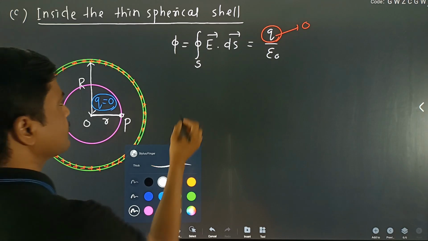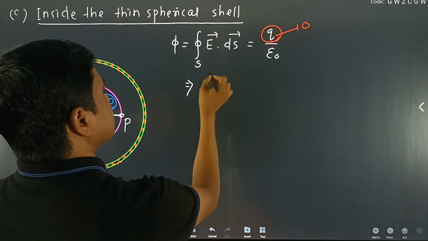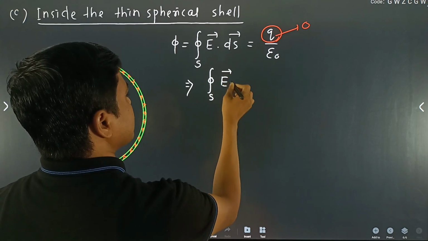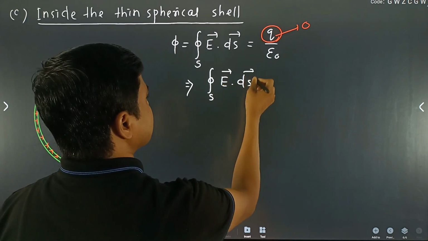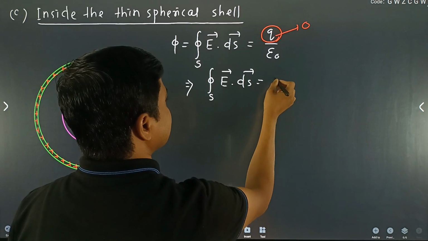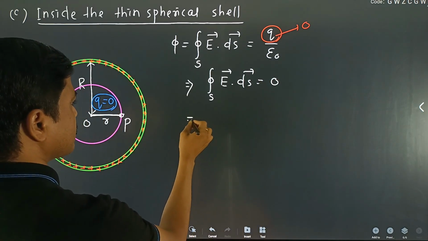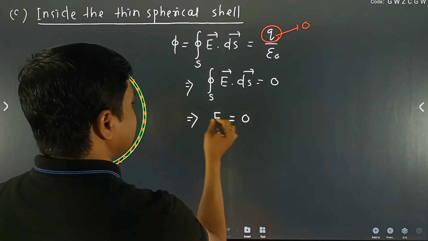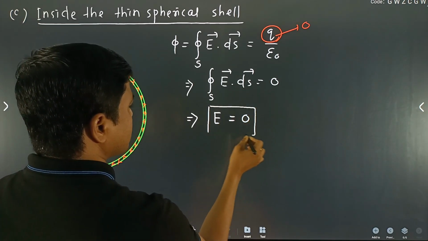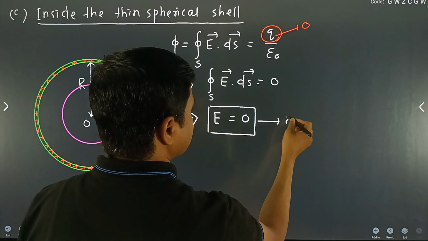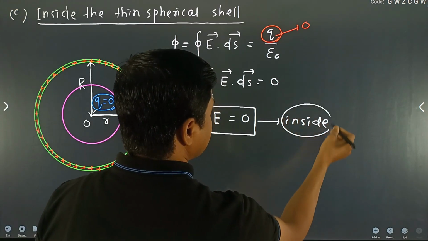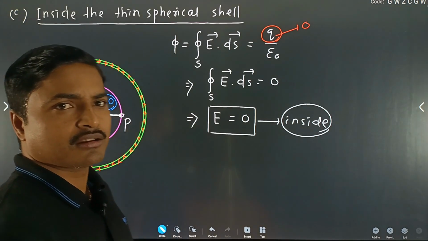So we write integration over a closed surface S vector E dot dS vector is equal to 0 by something, that is 0. That implies net electric field is 0 inside, this is the case of inside the thin spherical shell, clear?